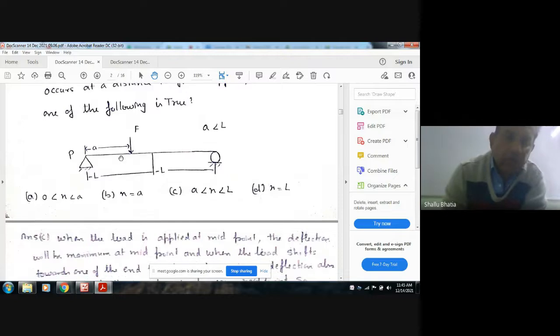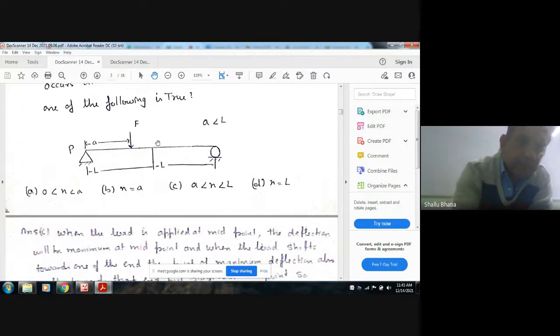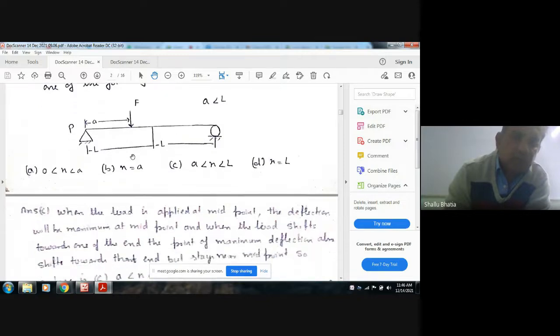When the load is applied at the midpoint, the deflection is maximum at that point. When it moves towards P or one end, then the deflection also slightly moves towards that end, but it will always be close to the midpoint.